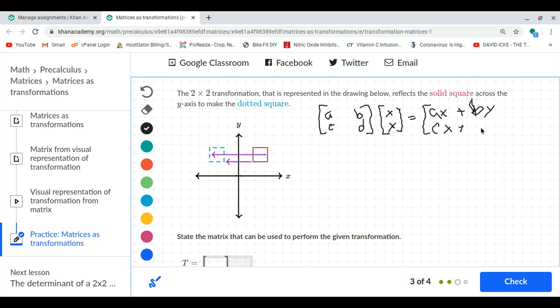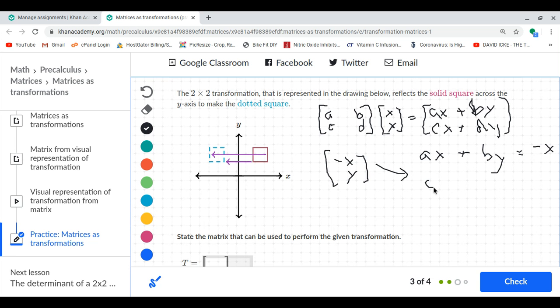Okay, so now we got to solve for A, B, C, and D. But what we want to happen is we want x, y to go to basically -x, y, because really the only thing that's changing is the x coordinate. So to do that, we have to have AX plus BY equal -x.